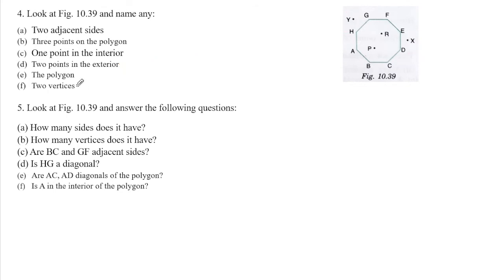Alright, now we have to name the polygon. So a polygon is named by its sides and by its points, the points which are on the polygon.